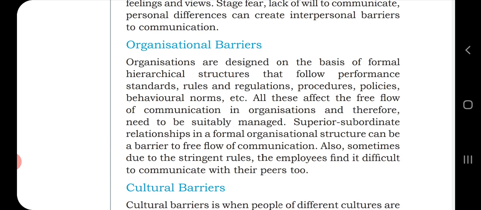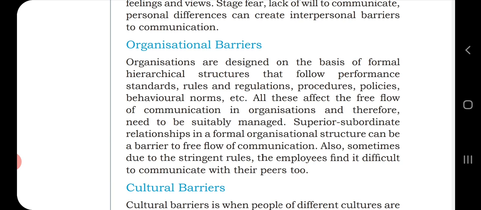And then people below the highest authority are given different posts to make the tasks easy. Each and every person is delegated their work, and this pattern is called hierarchy. So any organization is designed on the basis of a formal hierarchical structure.